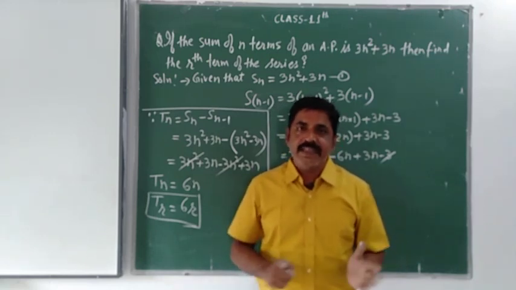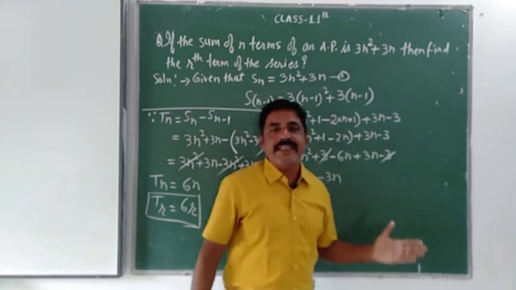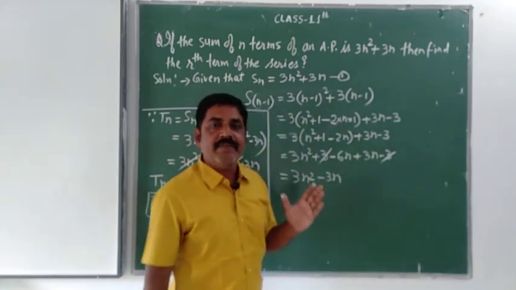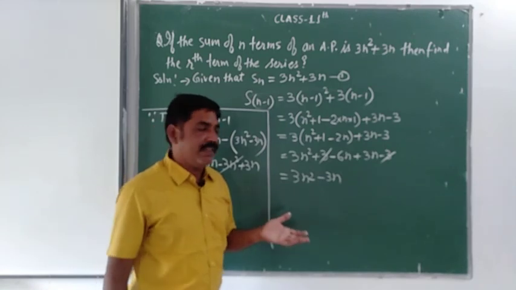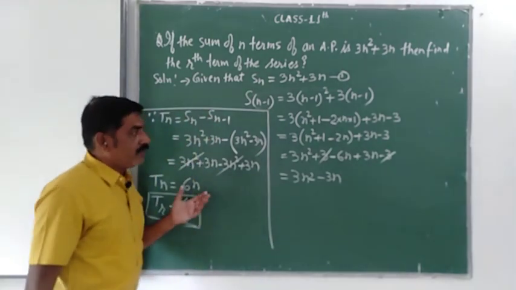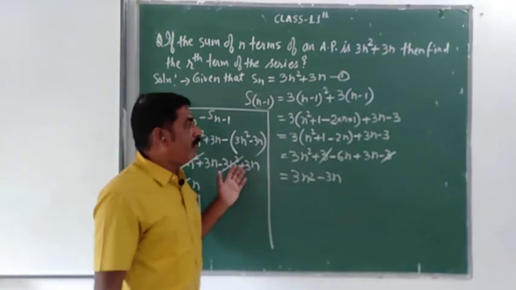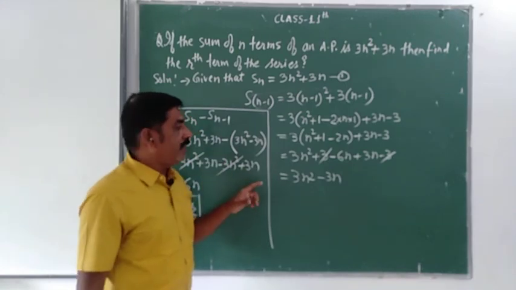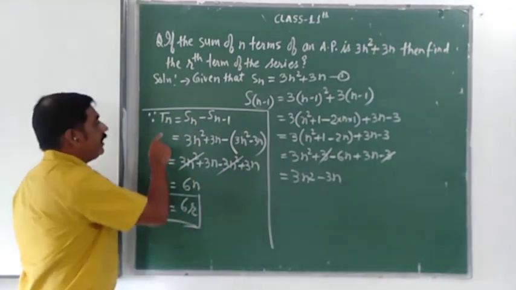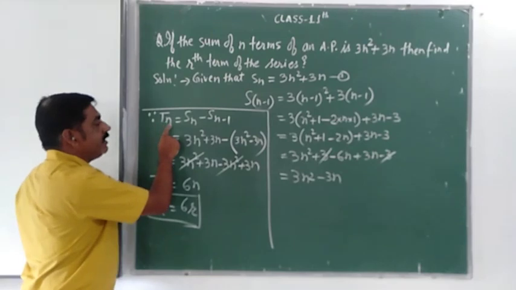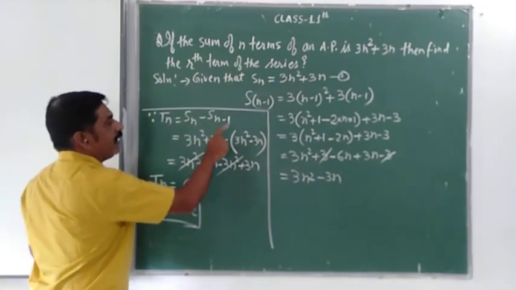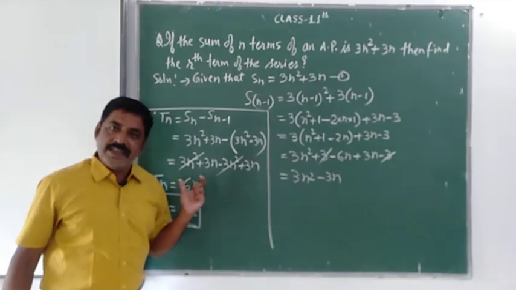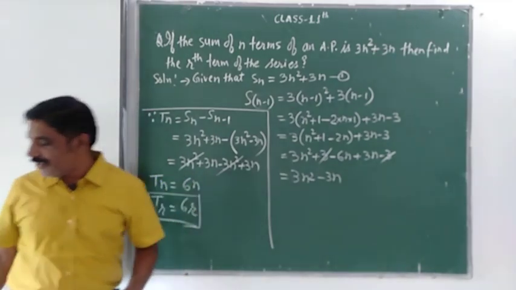So the formula is Tn is equal to Sn minus Sn minus 1. So I took one example, and with the help of that example we made the formula Tn is equal to Sn minus Sn minus 1. Clear?